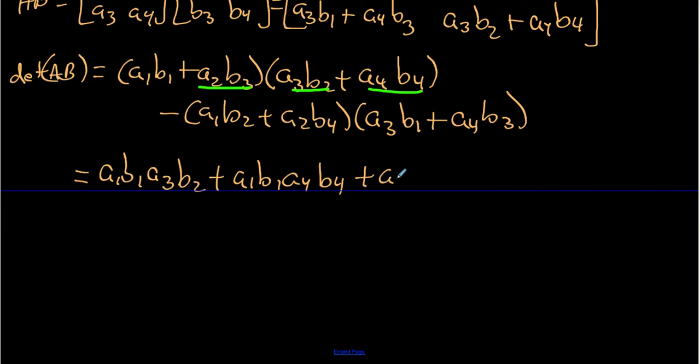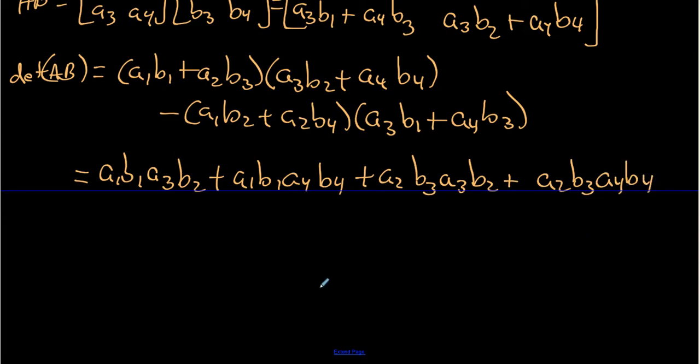And then we're going to have this term here multiplied with both of those guys. So we get a2b3 times a3b2 plus a2b3 times a4b4. And now we have to do this product here in the same way. And again, that minus sign is going to be in front of each and every one of the terms.